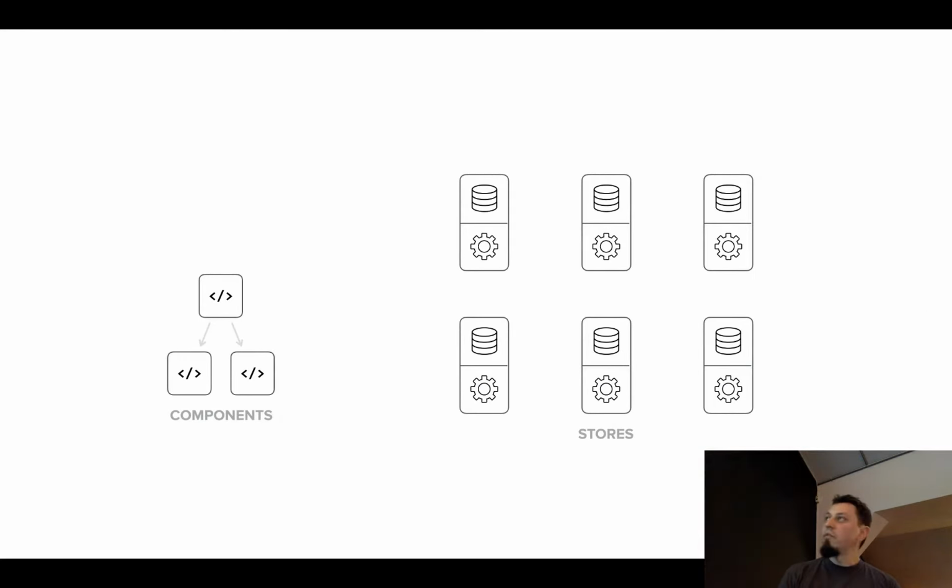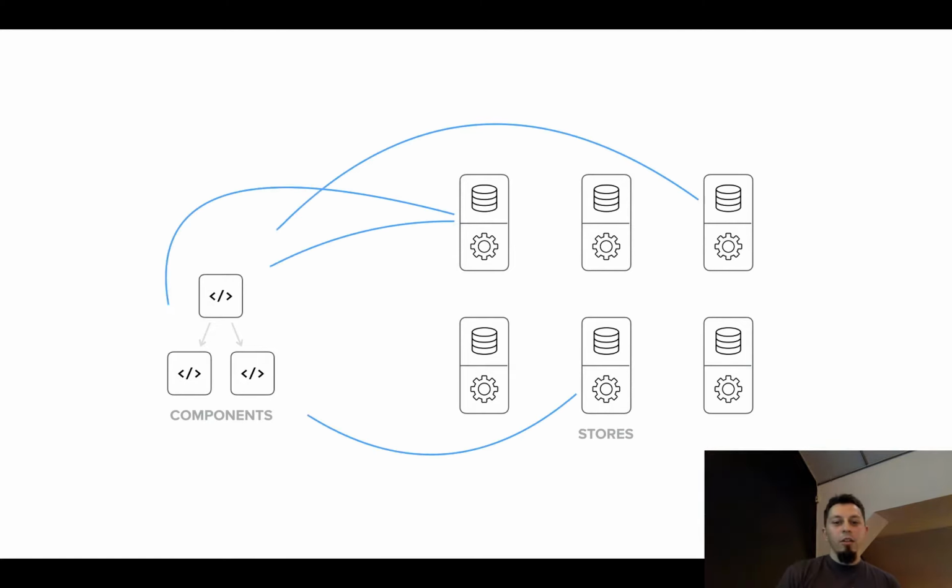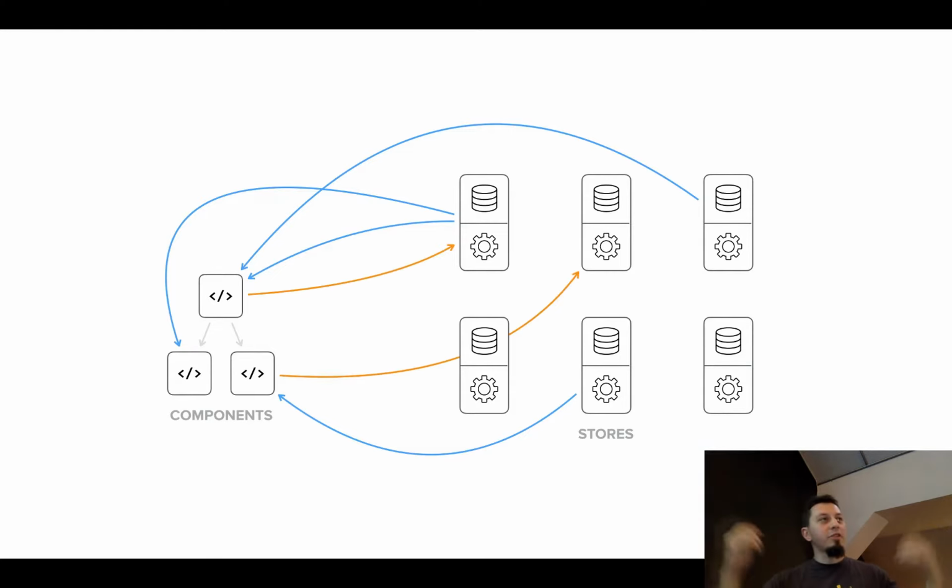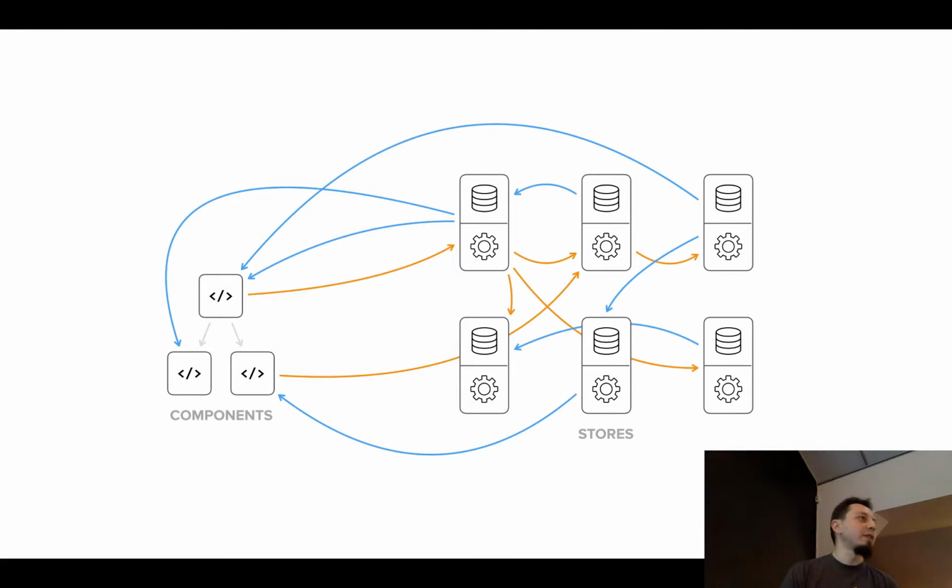In the case of MobX, you have the same components, and as I said, you have multiple stores. Now the stores have collocated actions, so in the same file you have the data and the actions that modify that data. Usually components are connected to multiple stores. They read the data from the stores, they dispatch actions which modify the stores, and those actions could call other actions and get data from other stores.